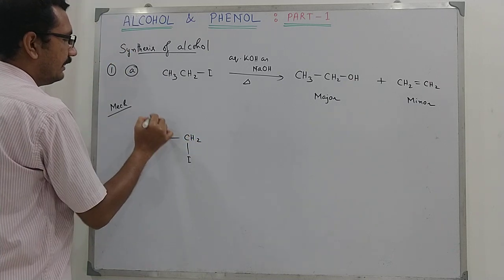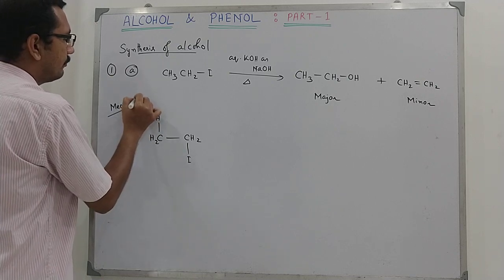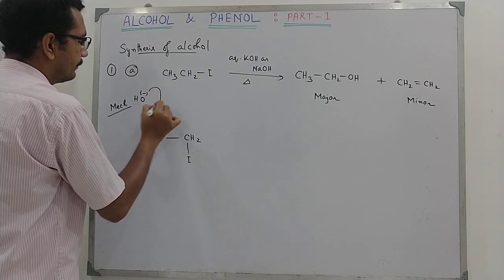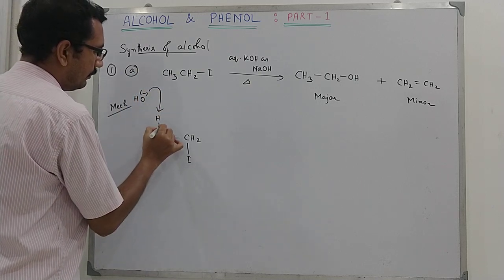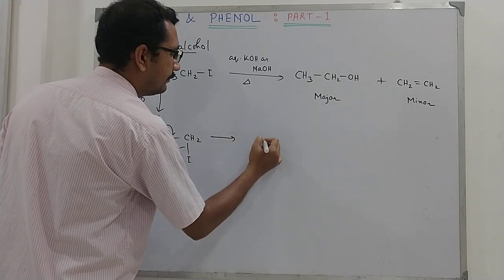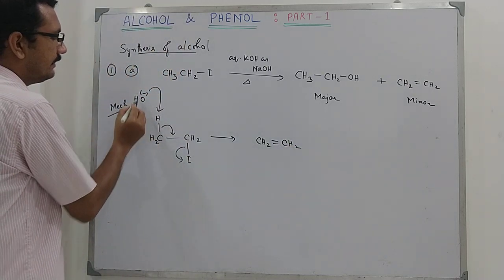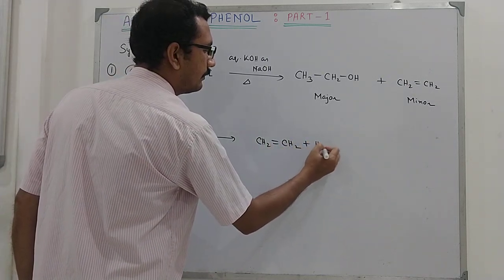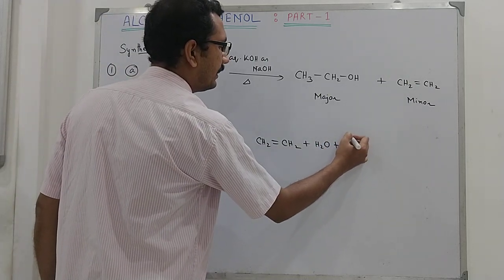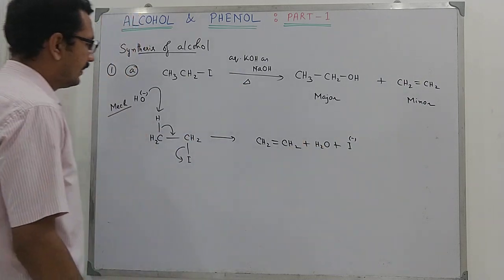I write this ethyl iodide in this form, and OH minus will also act as base alongside nucleophile. So we will have alkene, and this H and OH will give us H2O, and this I will be I minus, and we will have KI or NaI.